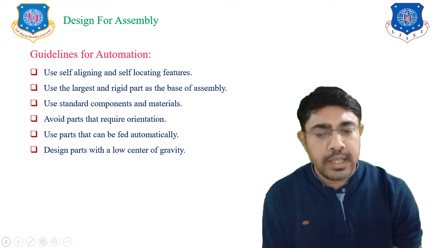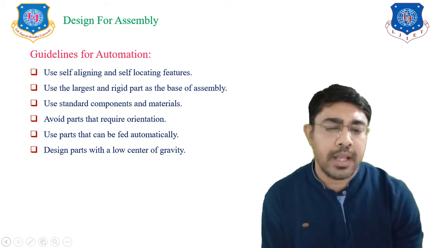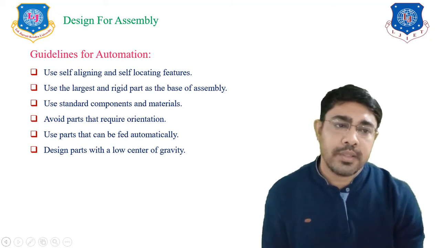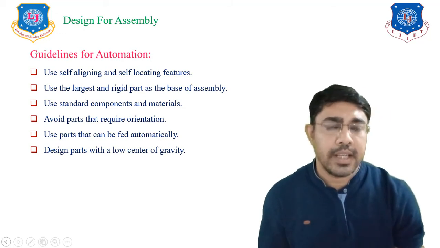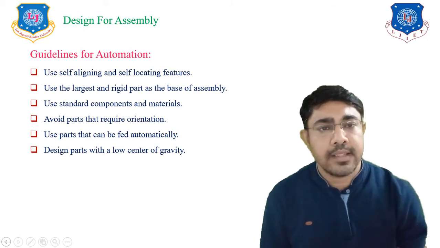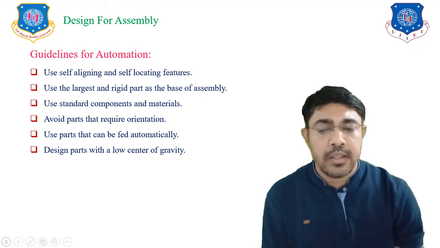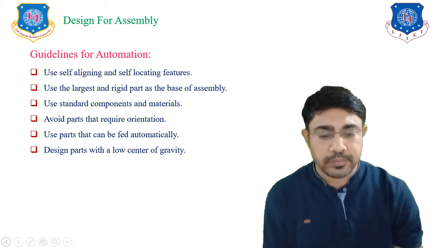Second is use the largest and rigid part as a base of assemblies. So we have to choose as the base of the assembly that part which has a large space and sufficient rigidity.